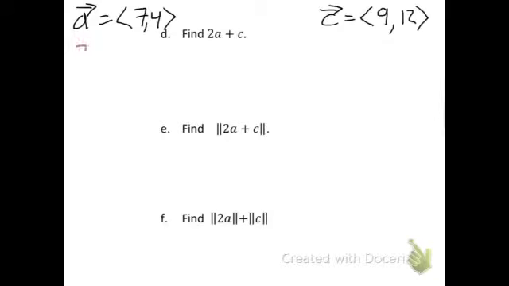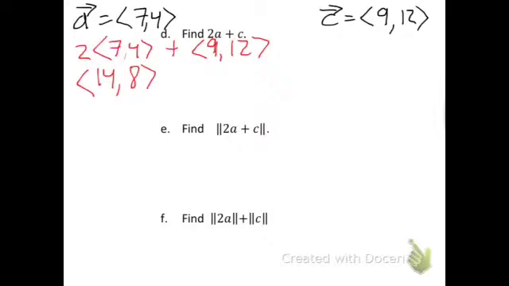To get 2a, you just do 2 times the parts of a, which is 7, 4. And c, you're just leaving the way it is, so that's still just 9, 12. When you multiply 2 times those two, you'll get 14, and 2 times 4 is 8.